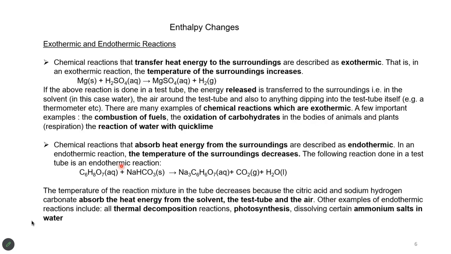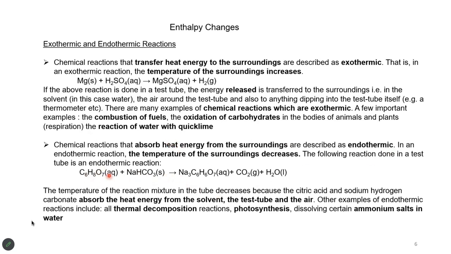A few important ones are combustion of any fuels, oxidation of carbohydrates, and the reaction of water with quicklime. I just named a few of them. Many reactions in the chemical world can be classified as exothermic or endothermic.